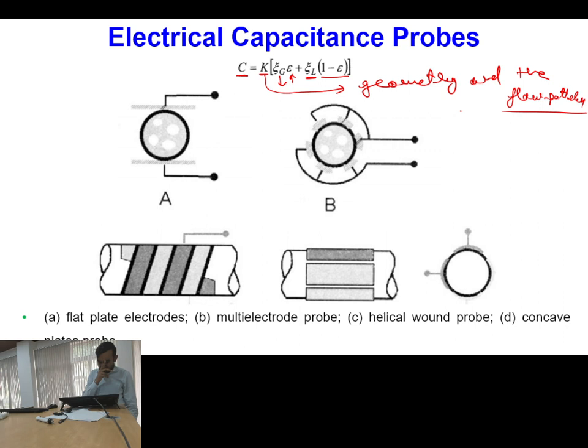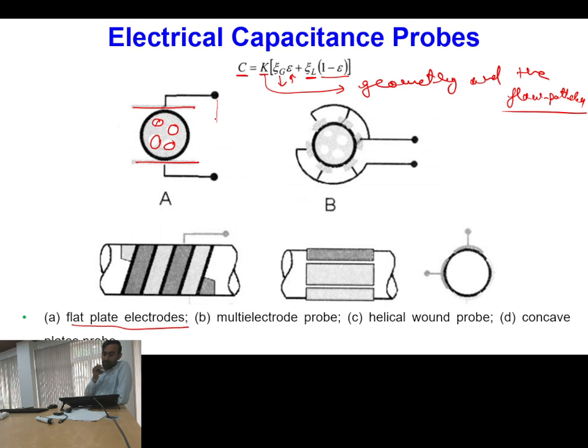Here you can see the first arrangement is the flat plate electrodes arrangement. This is the cross section of a pipe. In this cross section you have one fluid and these are other fluids. Here this is one electrode, this is the second electrode, and then you are measuring the value of capacitance across them.